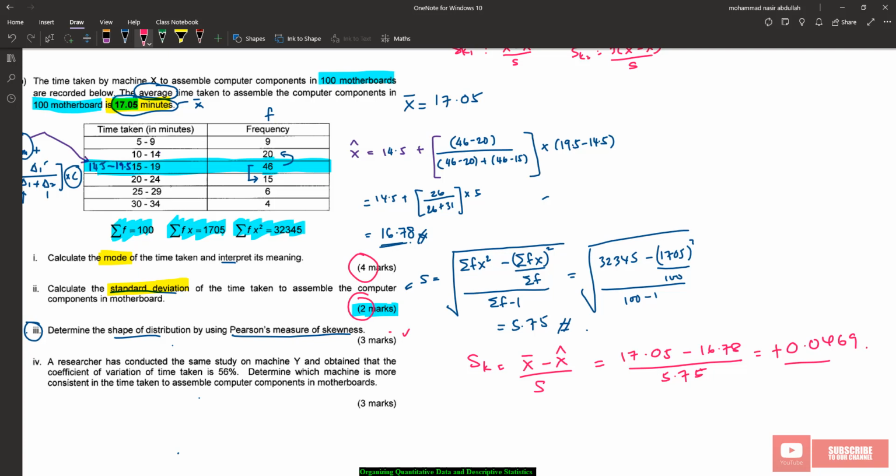This is a positive value. Since this is a positive value, then we can say that, so nampak 3 markah, you kena interpret walaupun dia tak tanya. This is a skewed to the right distribution, right? Skewed to the right distribution.